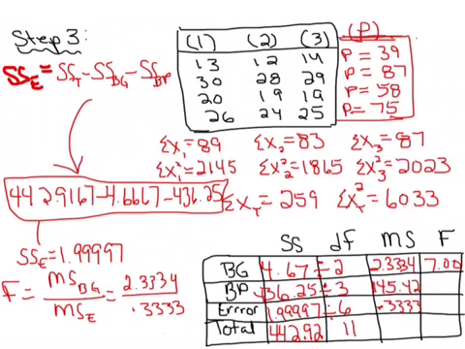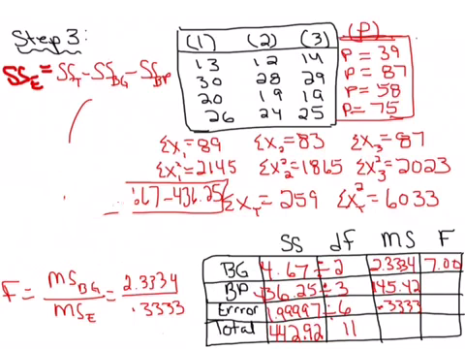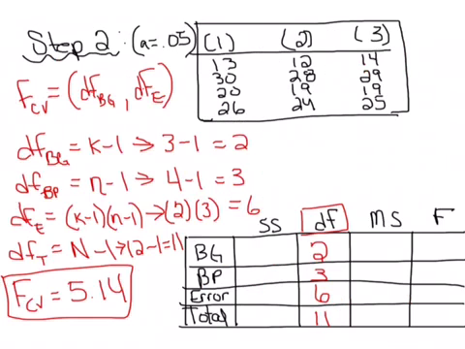Now if you go all the way back to step 2 so we can see is this significant or not, I'm quickly going to erase this area so that way we can draw this out. Have a little space to draw. Okay. Let's go back to our step 2. If you look, our critical value is 5.14.